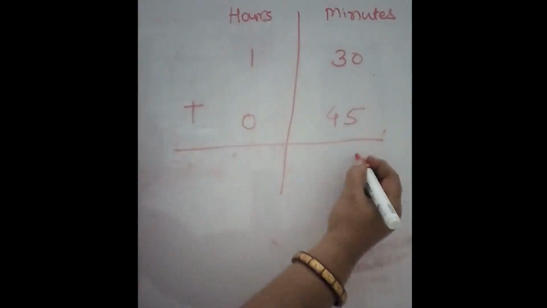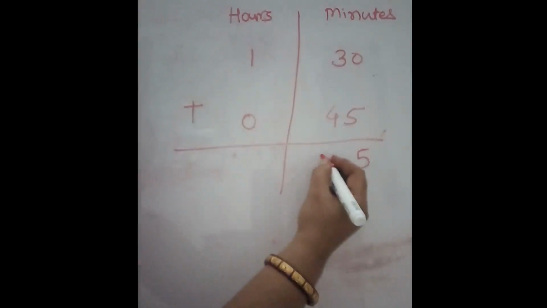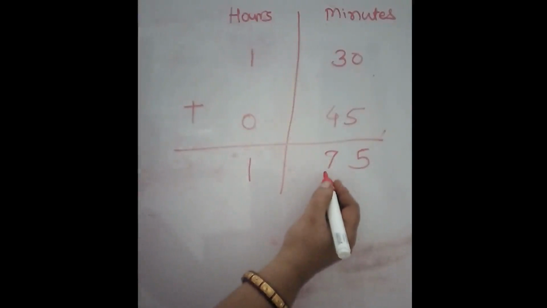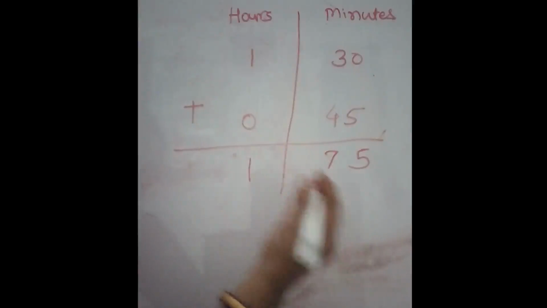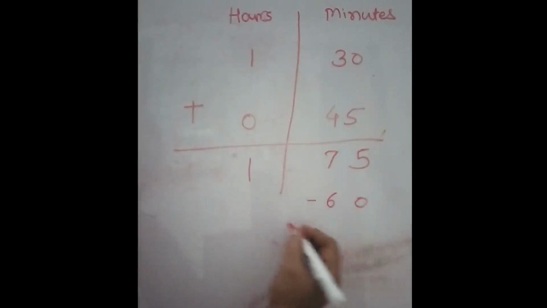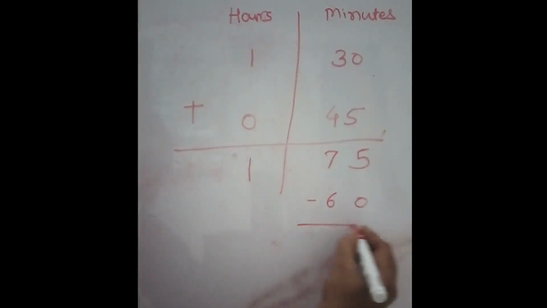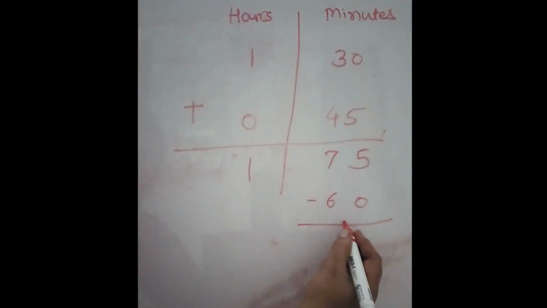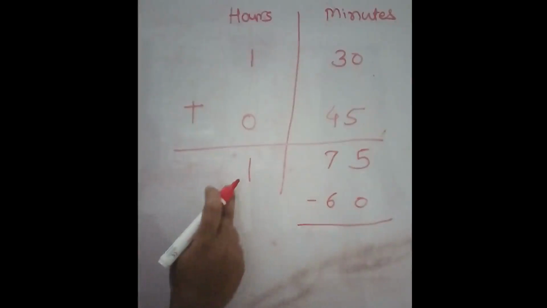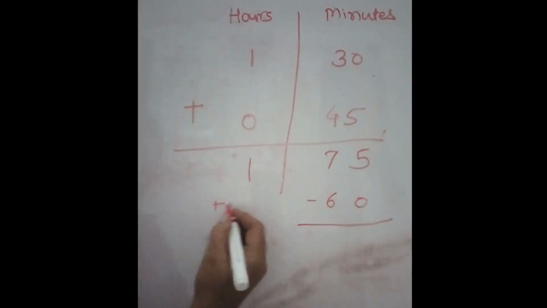So 5, 4 and 3, 7, and this 1 hour is left. 75 minutes has gone beyond 60, so we have to minus 60 from this, because 60 minutes is 1 hour, and we will add this 1 hour here.